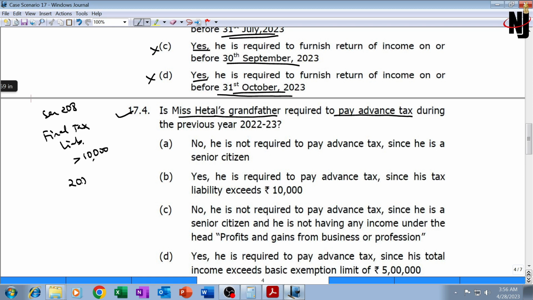However, under section 207(2), a senior citizen not having PGBP income, first condition senior citizen, second condition resident, and third condition not having PGBP income, will not be required to pay tax in advance. They are required to pay tax but not in advance if the person is a resident senior citizen. Now Hethal's grandfather is 81 years of age, so he is definitely a senior citizen, or in fact a very senior citizen.